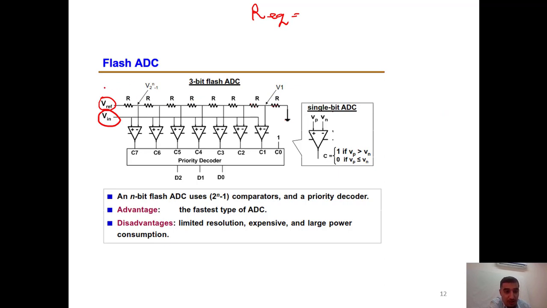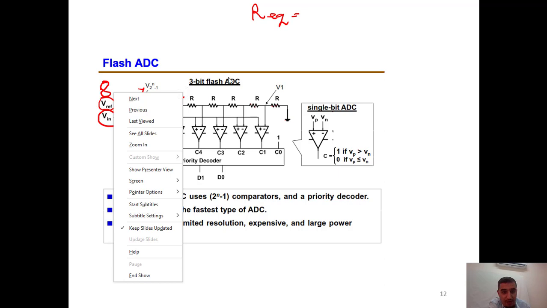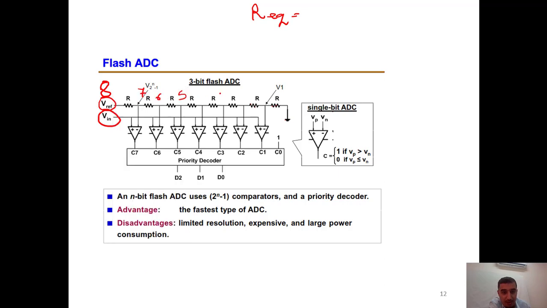So if my voltage over here is, sorry, I will put it as 8, then the voltage here is 7, then here it is 6, here it is 5, 4, 3, 2, 1, and here is 0, because this is a voltage divider, and all the resistors in the voltage divider have the same value.